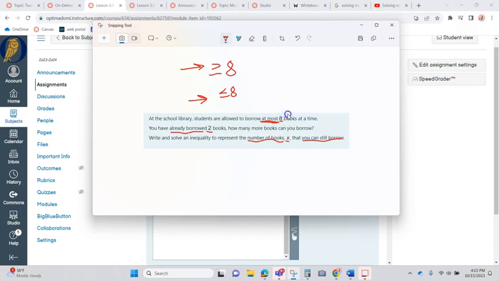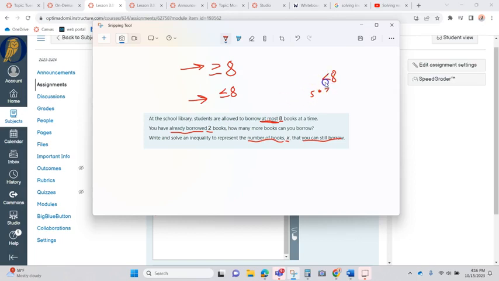I could check out 6 or 5 or 4 or 3 or 2 or 1 or 0. Or I could donate books to the library too, making negatives, I suppose. But 8 is the top. So my mystery number is going to be either 7 or 6 or 5 or 4 or 3 or 2 or 1 or 0. It could be anything smaller than 8.